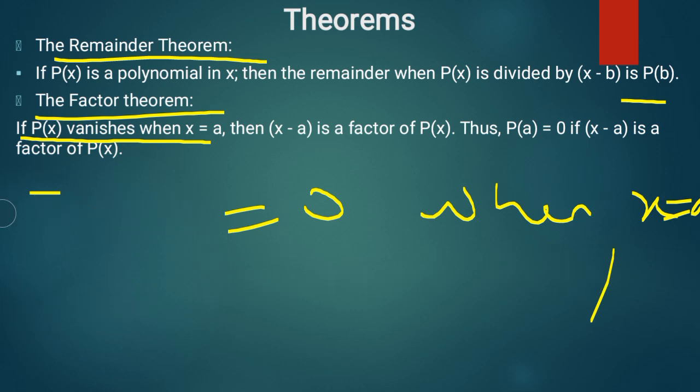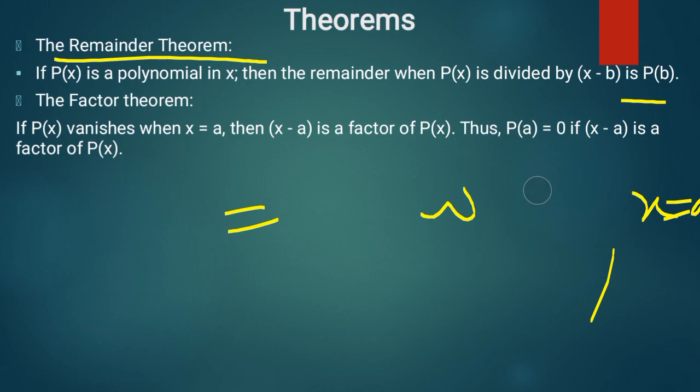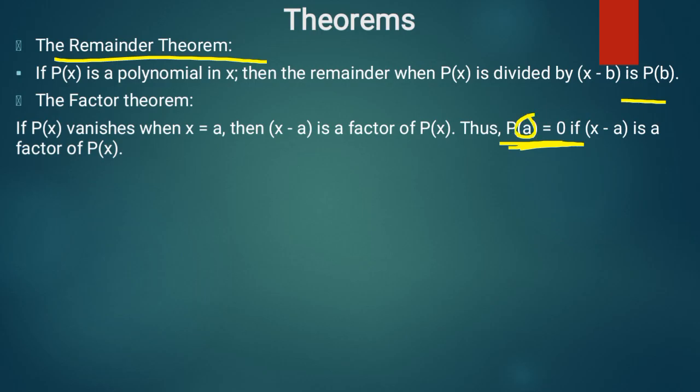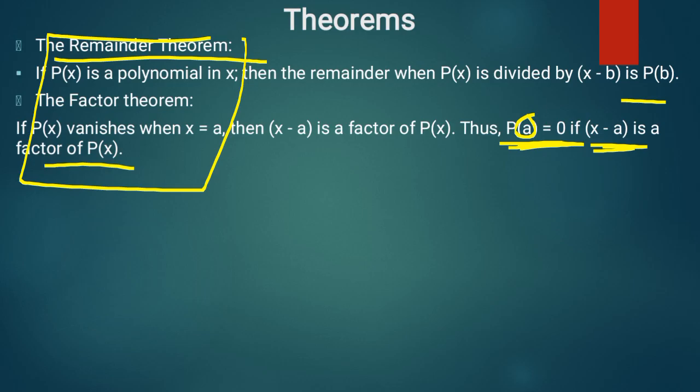Again, it's there on the screen. Let's read it as it is there. It's saying that if your polynomial p(x), when you plug in a wherever x is, goes to 0, then x minus a is a factor of the polynomial p(x). Okay, so these theorems are very important. You will see us use them later.